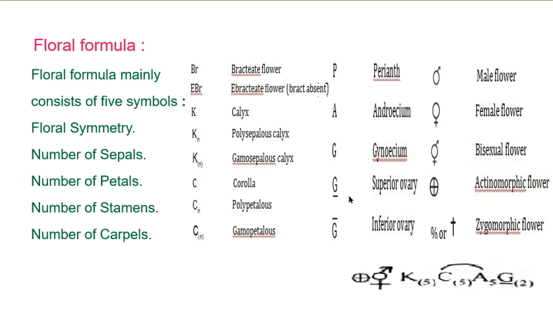A line beneath G is superior ovary, and a line above the G is inferior ovary, when the ovary is situated submerged. This is the male flower, this is female flower, bisexual flower, actinomorphic flower, zygomorphic flower. And this is the floral formula of a tomato flower.